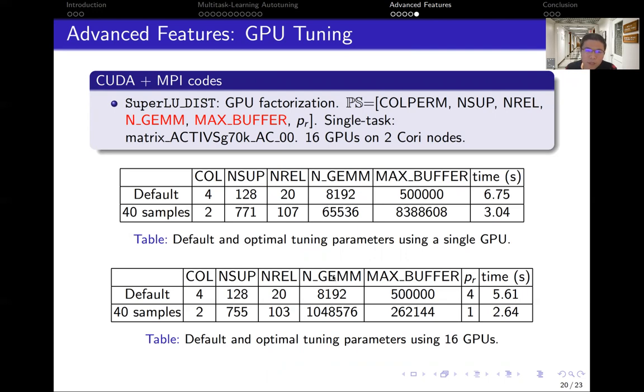The takeaway is the default parameters are actually meant for certain CPU architectures. And you can see after the tuning, GPTune tells you that the best parameters for GPU are more GPU hardware related, meaning you would like to generate a matrix that is denser and has better flop performance, at a cost of maybe more memory.